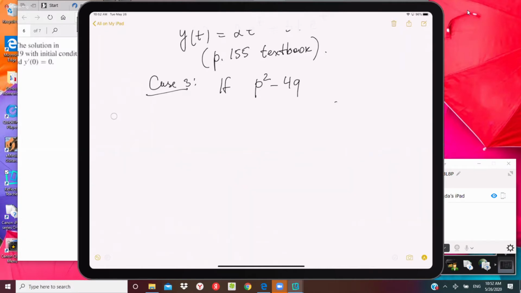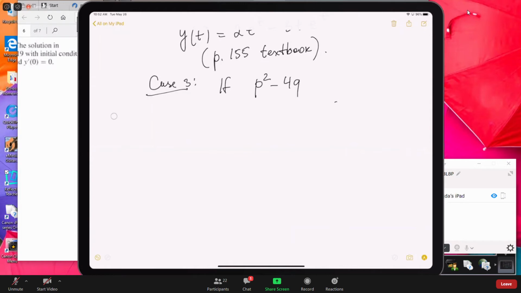Then the characteristic equation has 2 complex conjugate roots a plus minus i times b. So again, this is possible, it could happen. In this case, a fundamental set is y sub 1 of t.